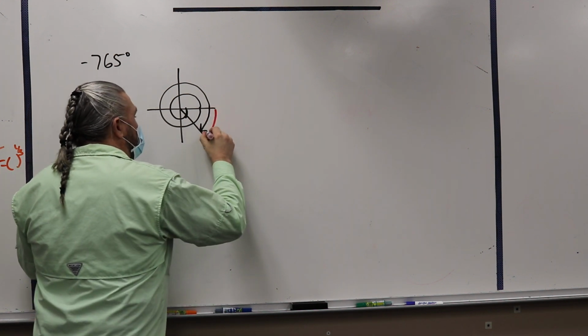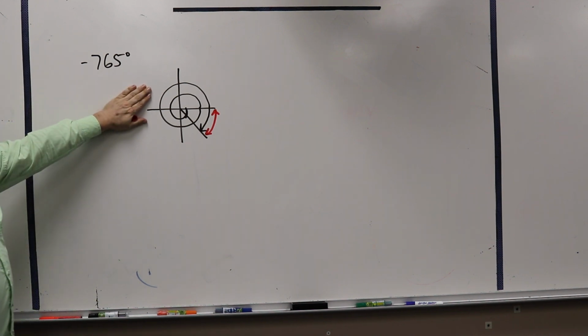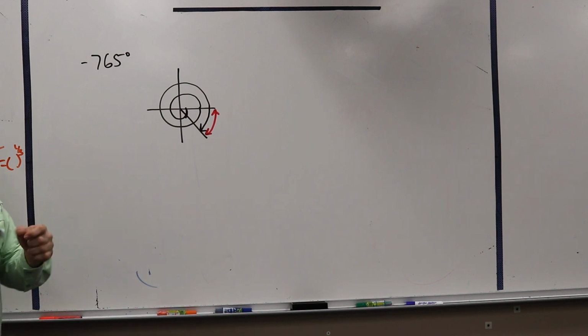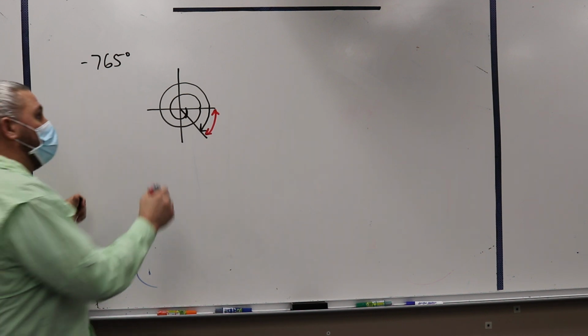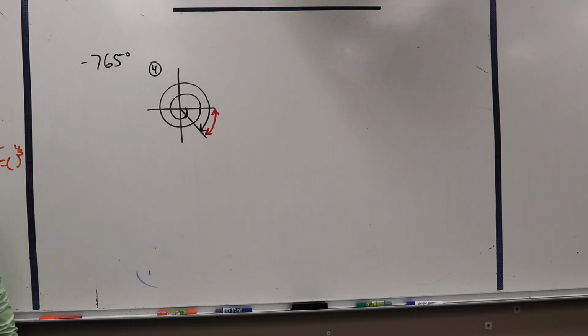I'm noticing a couple of things. This is 4 points right here, showing me that you can graph the degree measure. That's 4 points, okay?